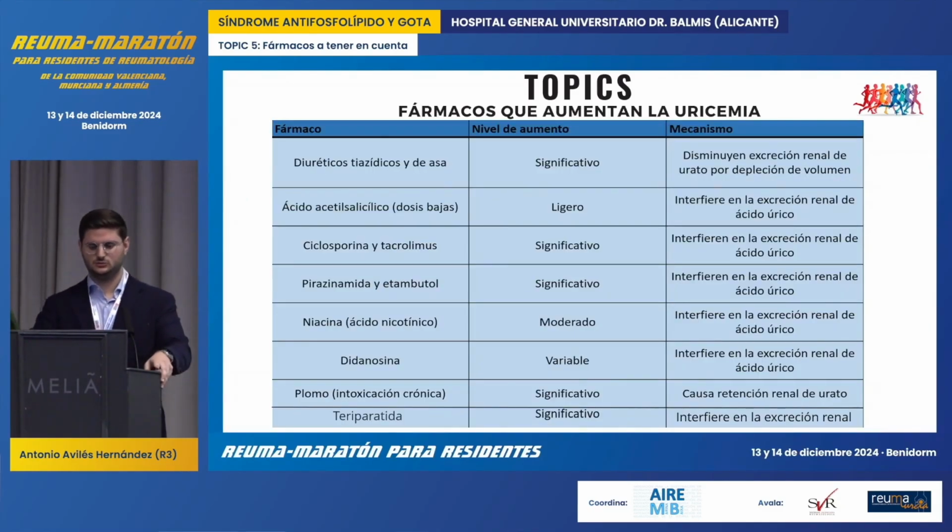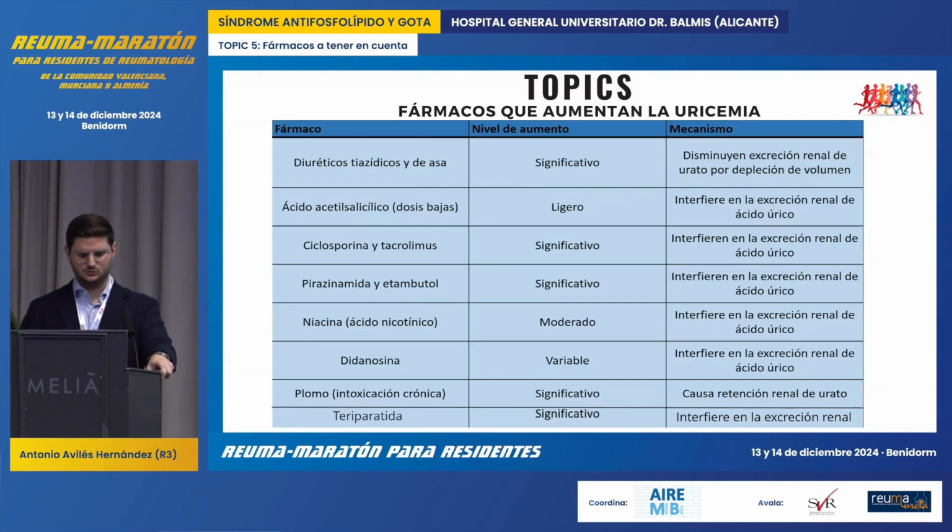And finally, to conclude, we need to be aware of those drugs that increase uricemia, especially in cases where, despite proper treatment and high medication doses, we are unable to sufficiently lower uric acid levels as expected. The drugs that increase uricemia levels are mainly acidic diuretics and those of the ASAM type.